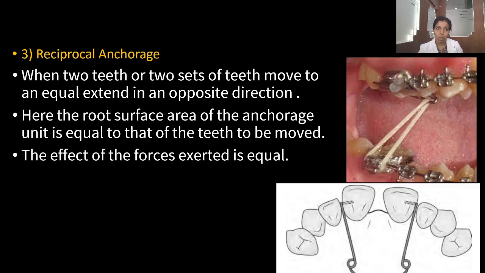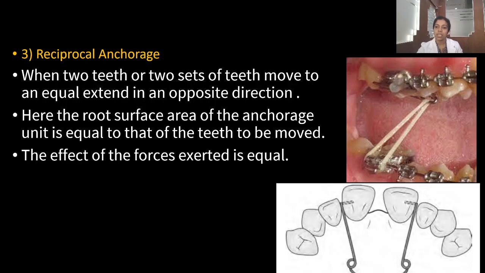When two teeth or two sets of teeth move to an equal extent in the opposite direction, like when we are closing a midline diastema, in the second picture we can see a finger spring used for closure of the midline diastema.